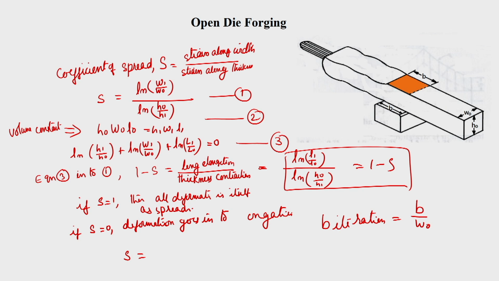From that part only it will elongate. That is why it is called B by W. From experiments, people found the relationship B by W divided by 1 minus B by W.